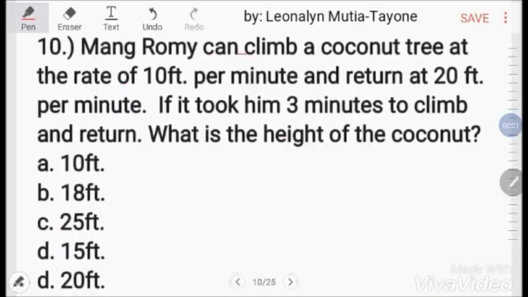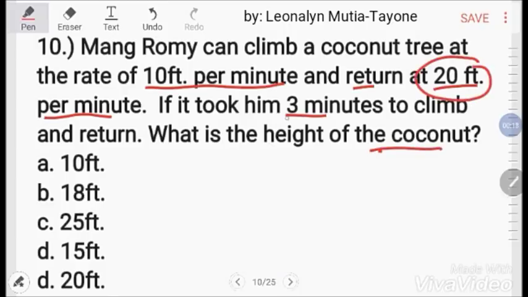Number 10. Mang Rumi can climb a coconut tree at a rate of 10 feet per minute and return at 20 feet per minute. If it took him 3 minutes to climb and return, what is the height of the coconut? 20 ang answer.